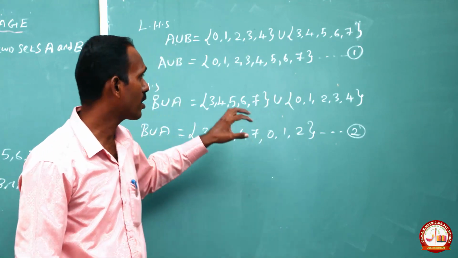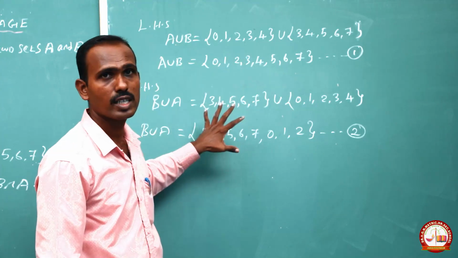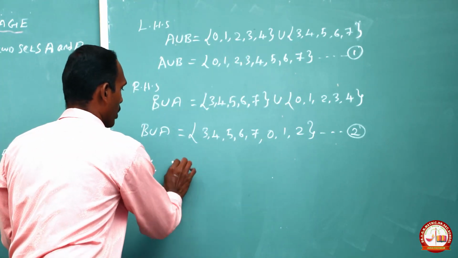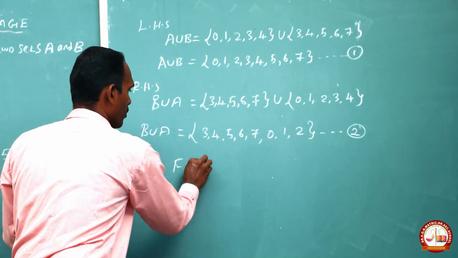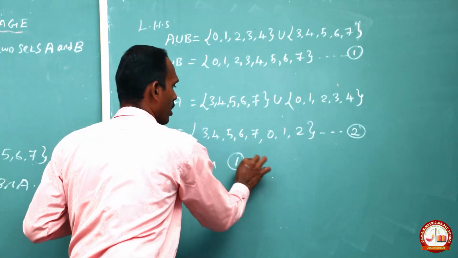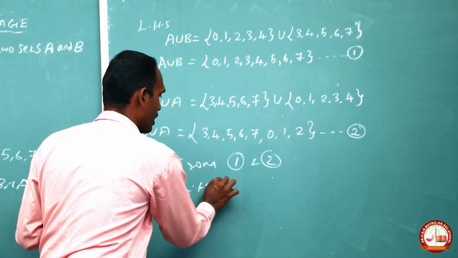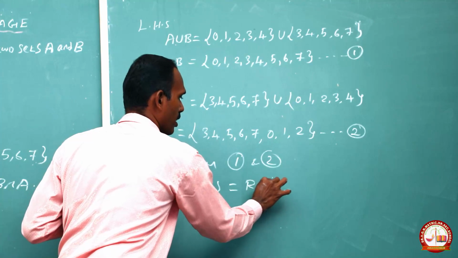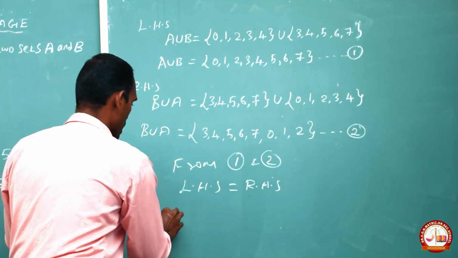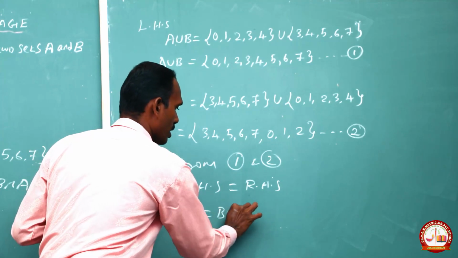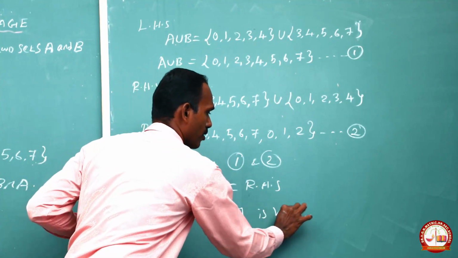So you compare that, the first and second equation are both equal. Therefore, from 1 and 2, left hand side equals right hand side. LHS equals RHS. Therefore, A union B equals B union A is verified.